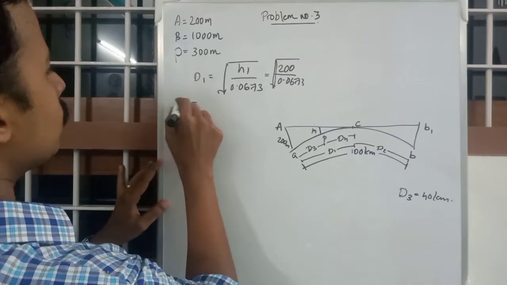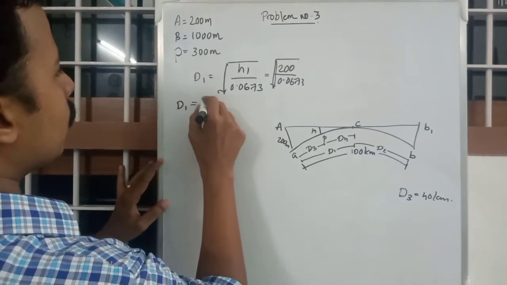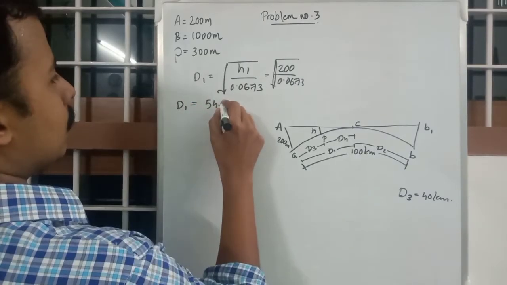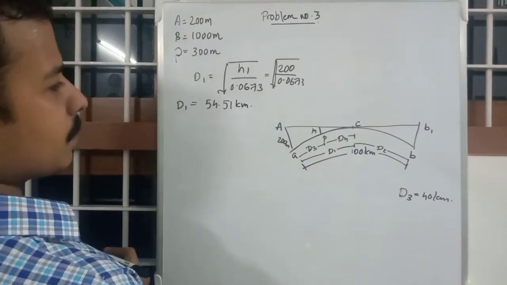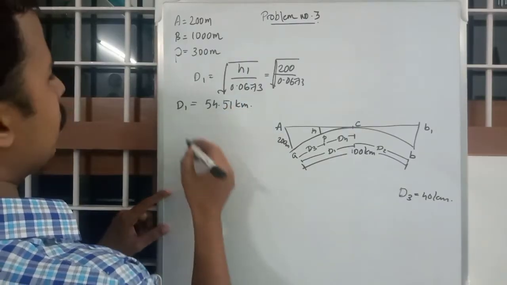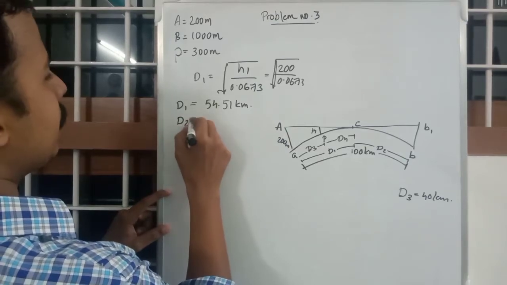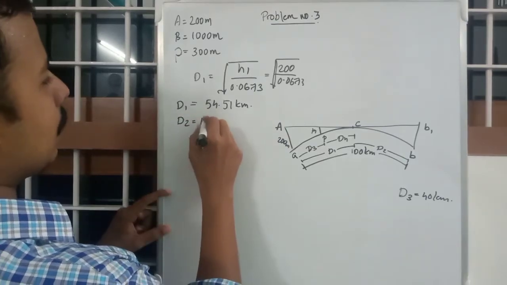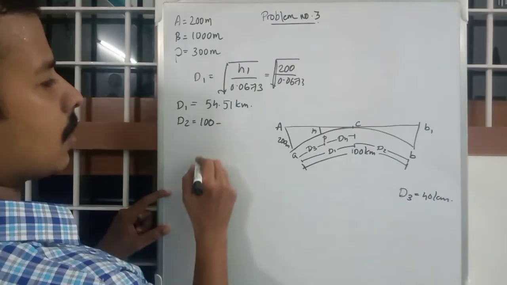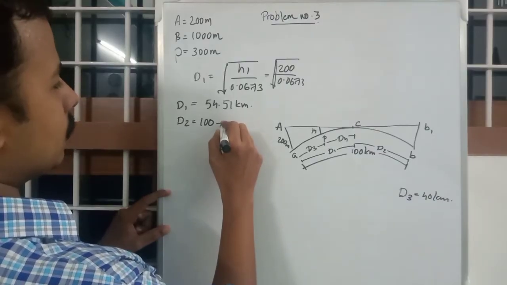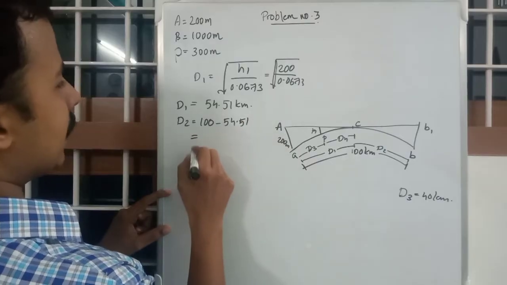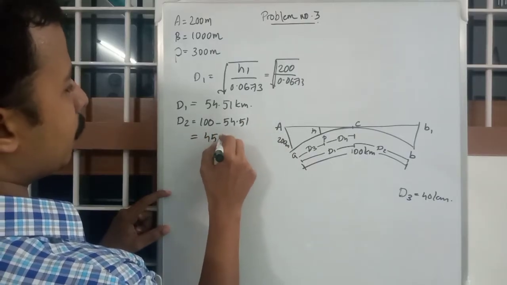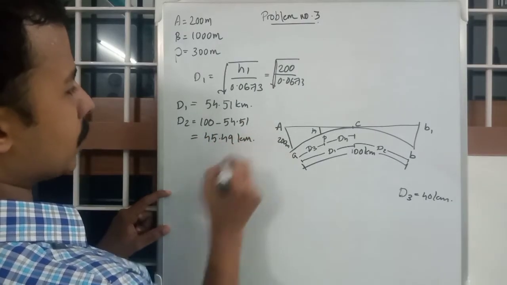D1 is equal to 54.51 kilometers, and using that value we can calculate D2 as always 100 minus D1, that is 100 minus 54.51, that is 45.49 kilometers.